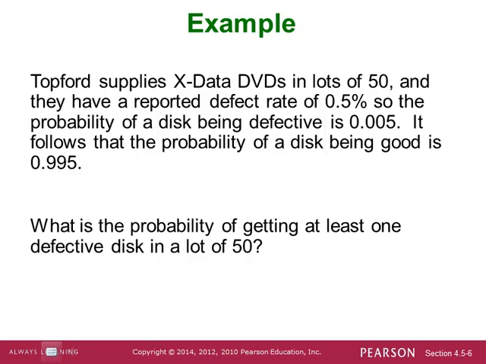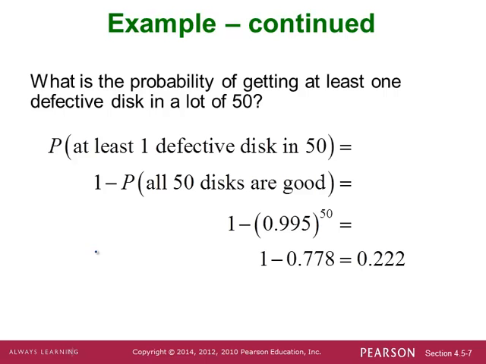And as we will see, the probability of having at least one defective disc in 50 is going to be 1 minus the probability that all 50 discs are good. Because all 50 discs being good is the complement of the event that at least one disc is defective.